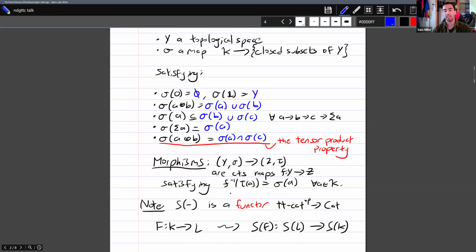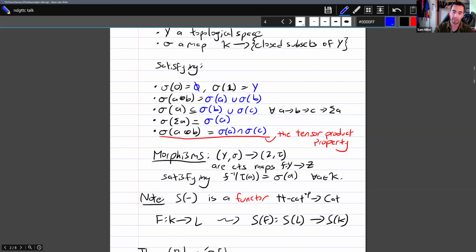And one can note that this is actually a contravariant functor from the category of all essentially small tensor-triangulated categories to Cat. And so what we're going to do here is just take some support and just precompose with F. So we'll send it to the same topological space. Just do this.